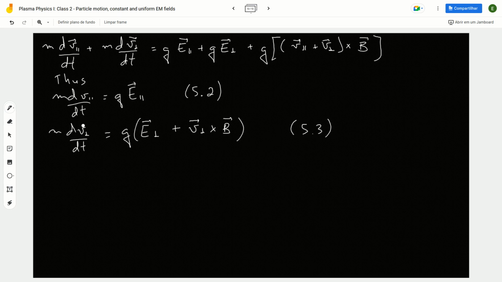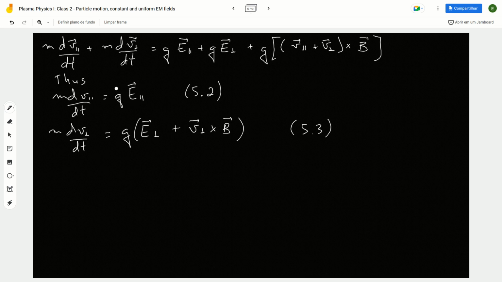5.2 shows that there is an acceleration for the particle velocity. There's a change of particle velocity. This is an acceleration in the parallel direction, and the acceleration is constant. It is q times E parallel.